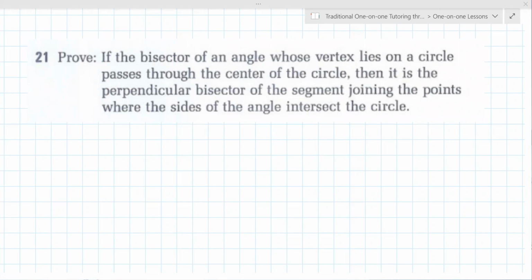If I mess this up, the whole rest of the problem is wrong. I know you don't have that luxury on the exam, but we have to get this right. Whose vertex lies on a circle, passes through the center.